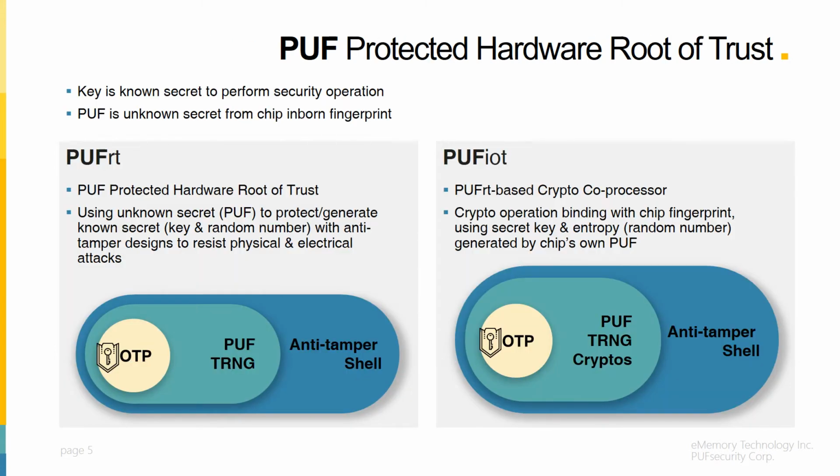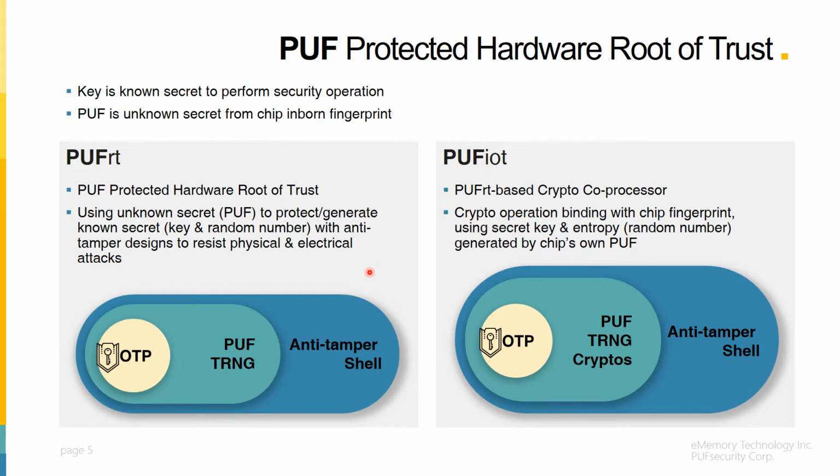First of all, I would like to explain our main concept for building the hardware root of trust. From the diagram on the left, we create a chaotic ring by using static entropy from PUF, dynamic entropy from two random number generators, and a tamper-proof shell to protect the central OTP with sensitive data.